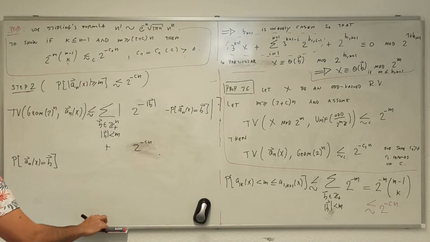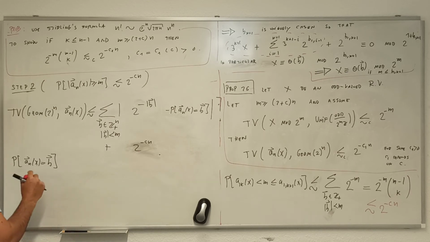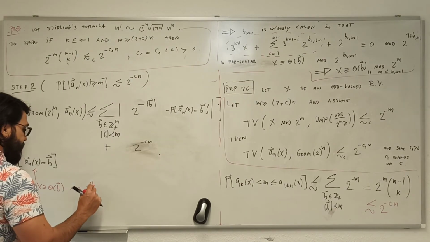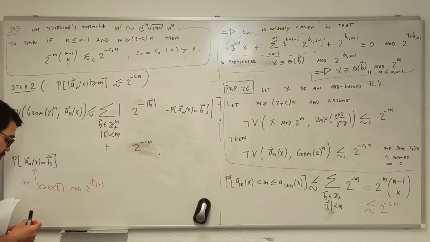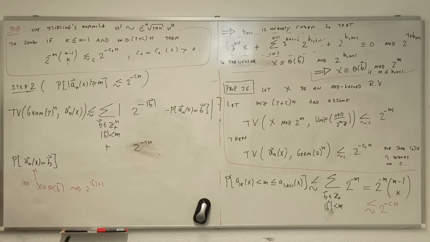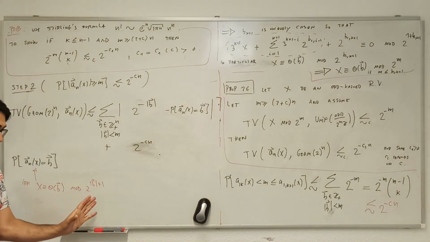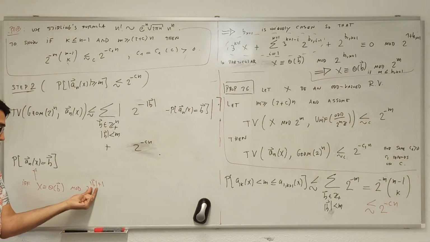this. So again, this was the claim before. It's exactly solved if and only if x is congruent to some theta, which will depend on b, mod 2 to the moduli b plus 1. The solution set for x, an odd number, is exactly a residue class modulo 2 to the moduli b plus 1.